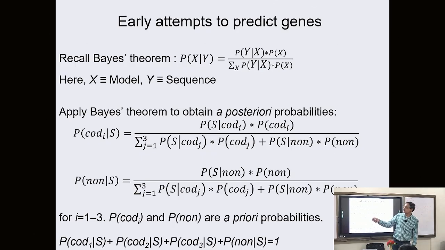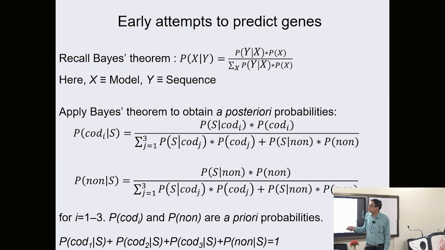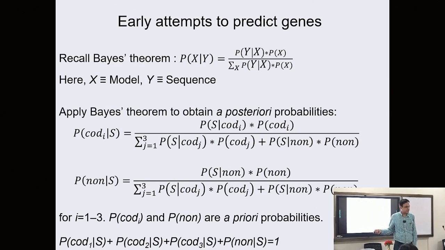This gives you the posterior probability of the sequence being protein coding in frame I, where I goes from 1 to 3, 3 frames. You can also compute the posterior probability of the sequence being non-coding. When you sum all these 4 probabilities, they should sum to 1.